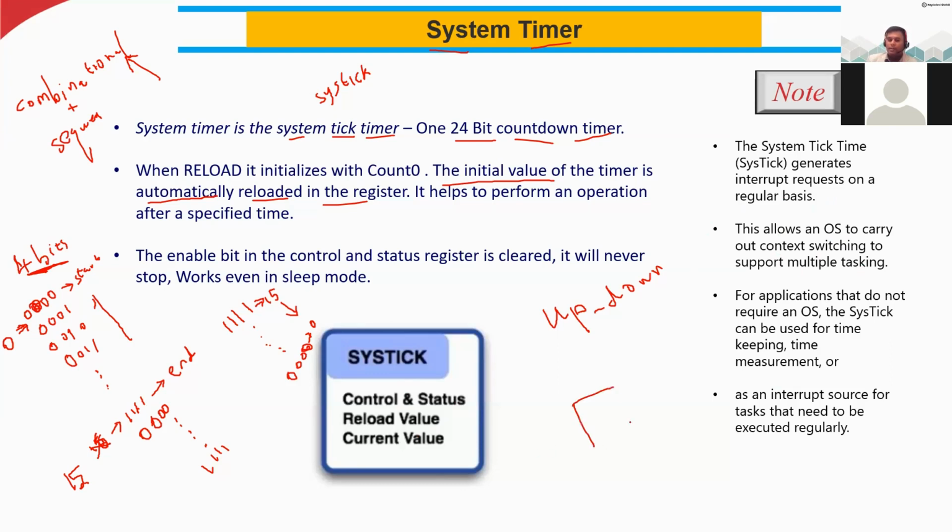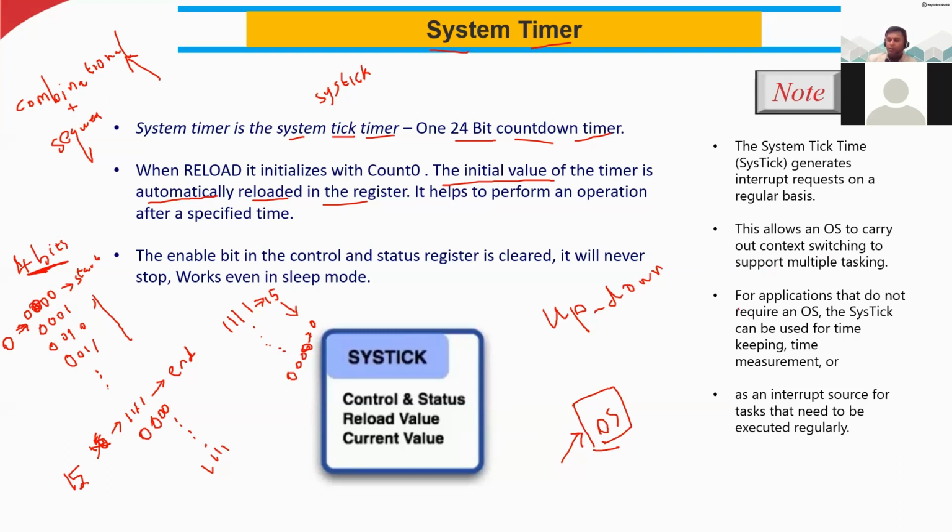Because the operating system is working on one task, whenever an interrupt comes, it needs to process the interrupt based on priority. For applications that do not require an OS, if you are using this microcontroller together with your computer or some kind of operating system, then that's a different direction.